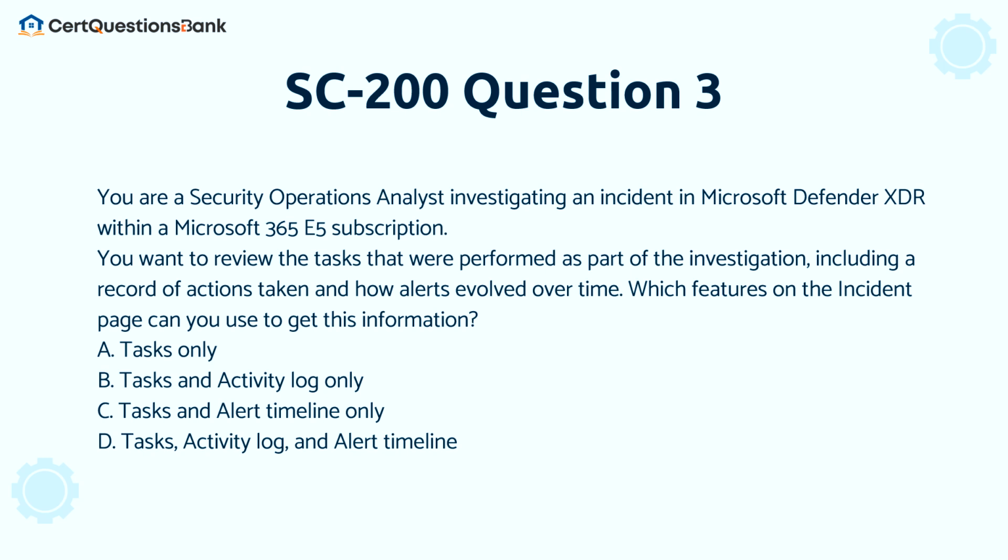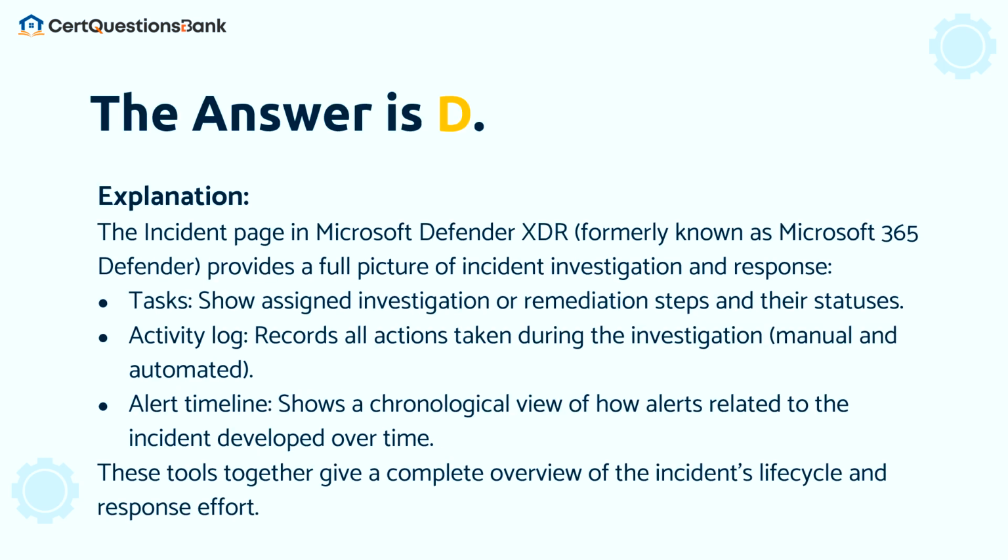Which features on the incident page can you use to get this information? A. Tasks only. B. Tasks and activity log only. C. Tasks and alert timeline only. D. Tasks, activity log, and alert timeline. The answer is D.